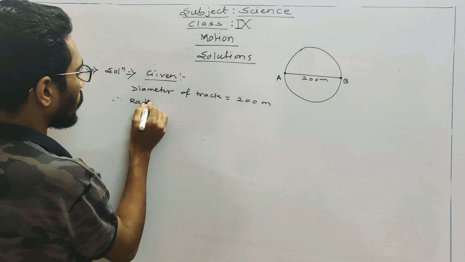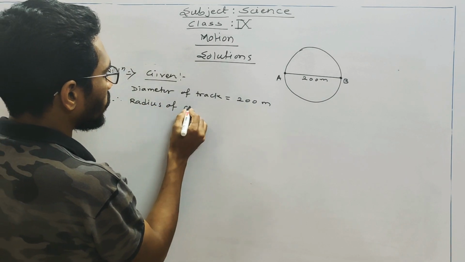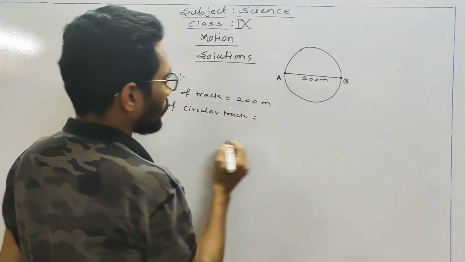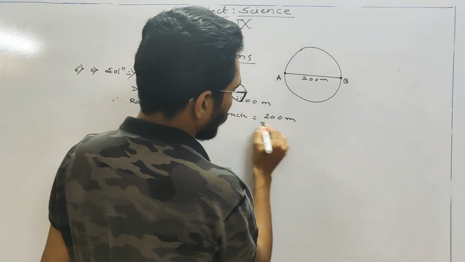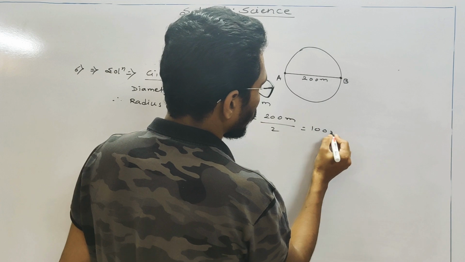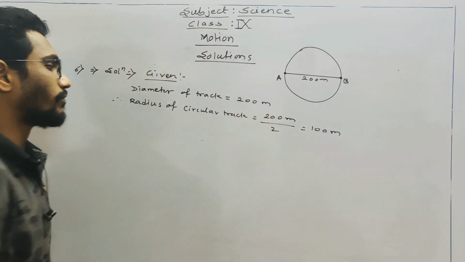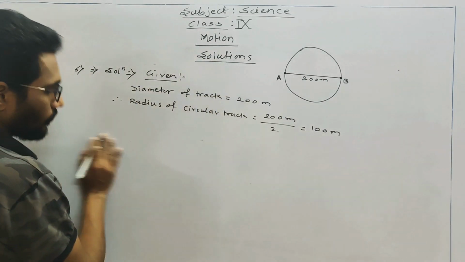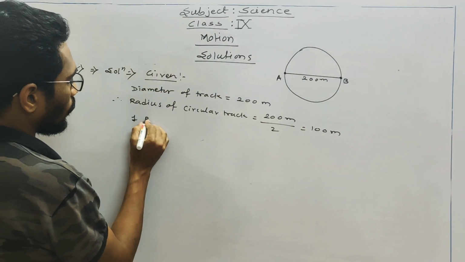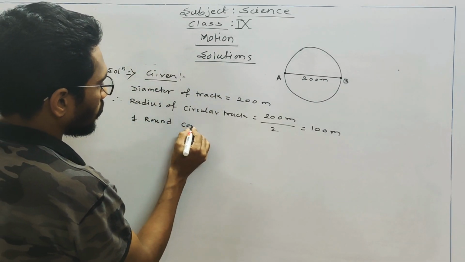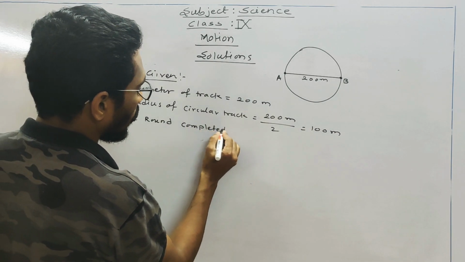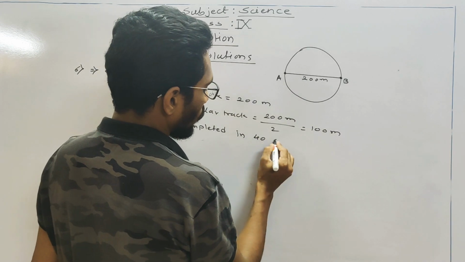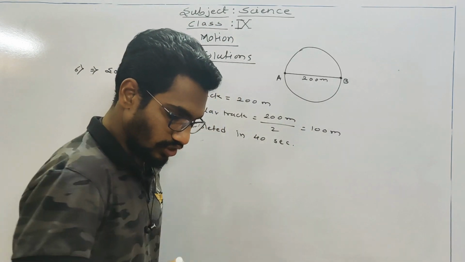Therefore, radius of that circular track will be 200 meter by 2, that is equal to 100 meter. Diameter का half radius. Then one round completed in 40 seconds. It is there.